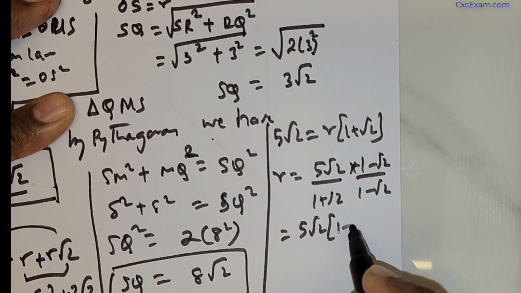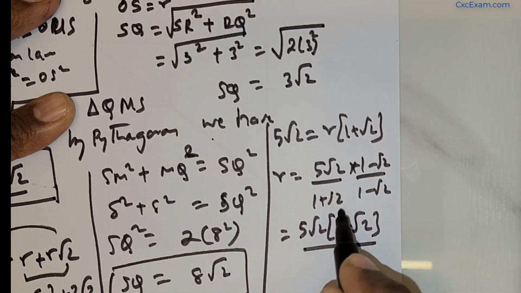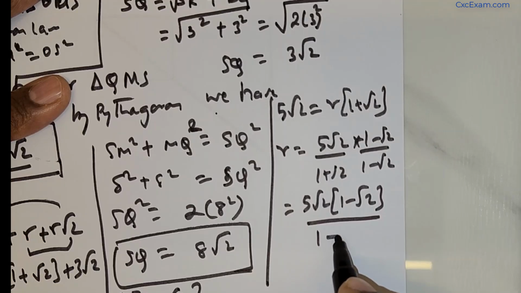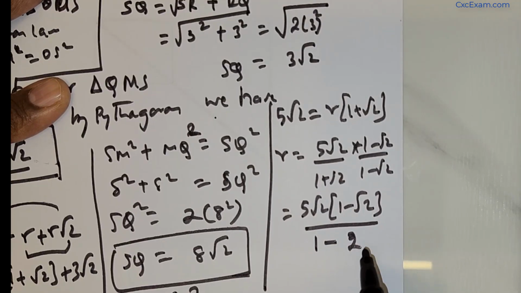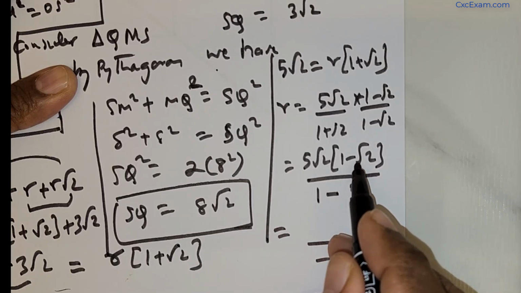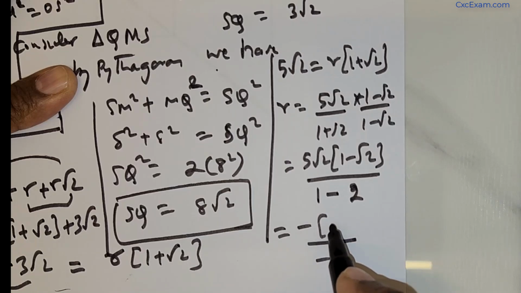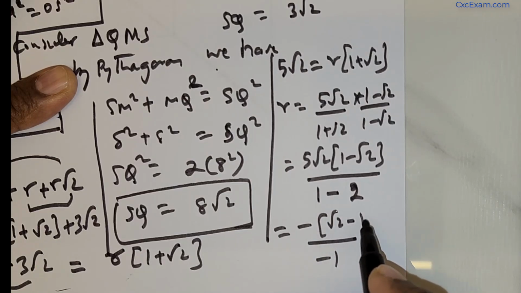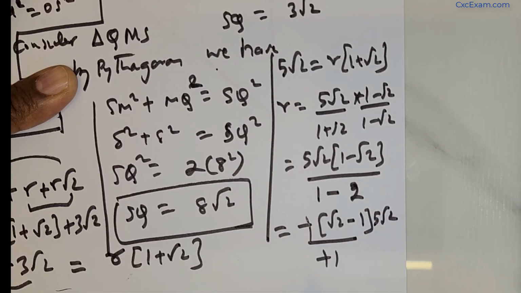This is going to be 5 times root 2 times 1 minus root 2. The denominator is going to give me 1 minus 2, right? So this will give me a negative 1 in the denominator. But I take the negative sign out and I will get root 2 minus 1 times 5 root 2. So this will become positive.